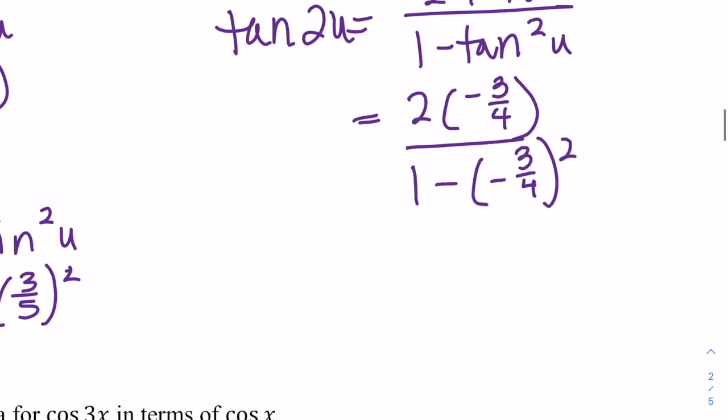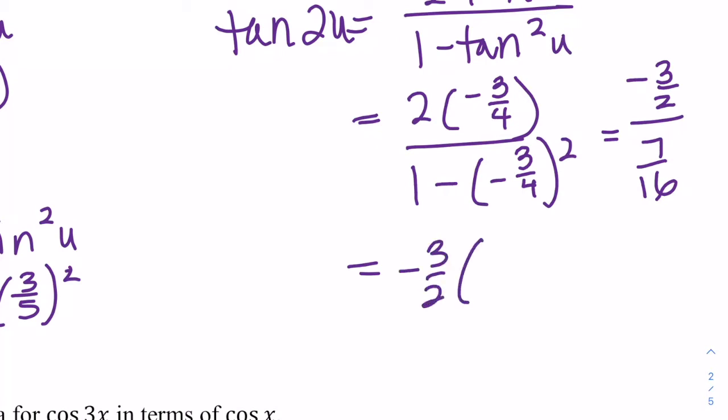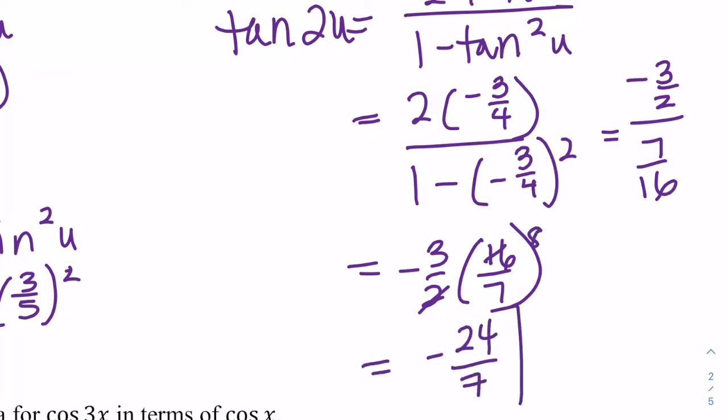And we can simplify that to equal -3/2 over 7/16. So we'll get -3/2, and we could multiply by the reciprocal, 16 over 7. So we'll get -24 over 7.